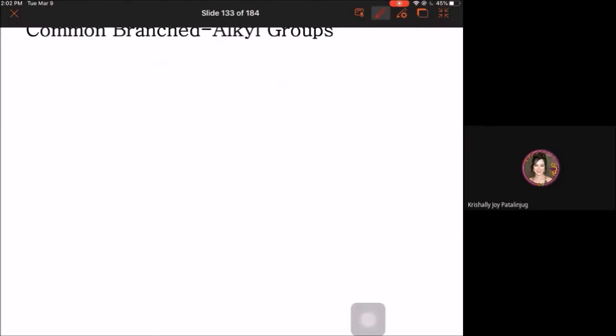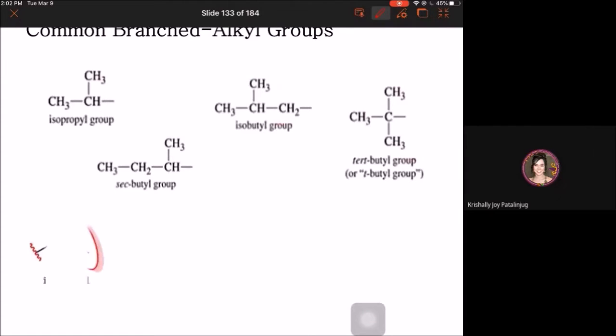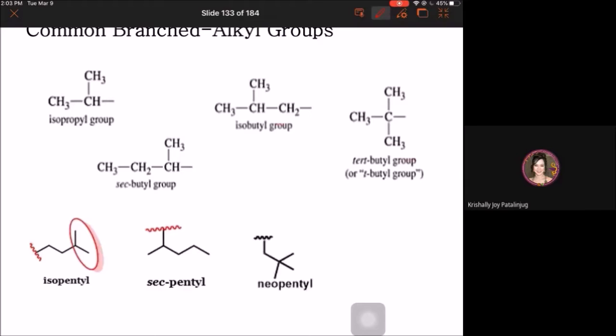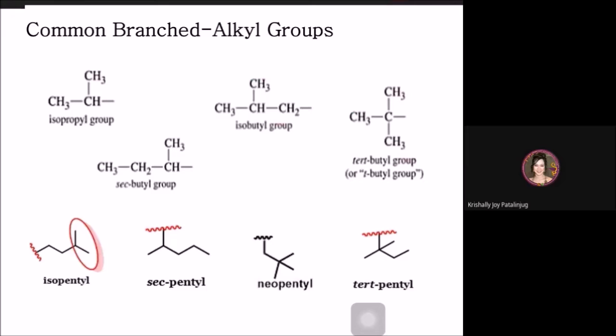Naalala ba tong ito? Naalala yung mga common branched alkyl groups? Ako ni siyang gipamemorize sa pinaka-introduction pa lang sa organic chemistry, katong nag-start ta sa functional group, katong nga pre-recorded video. I have discussed there, I have highlighted there, this common branched alkyl groups. Diba? We have the isopropyl.